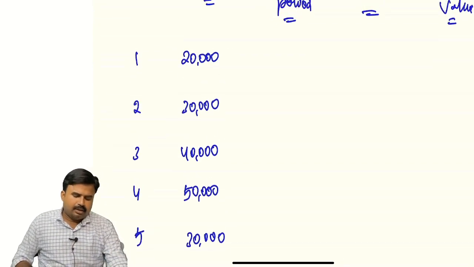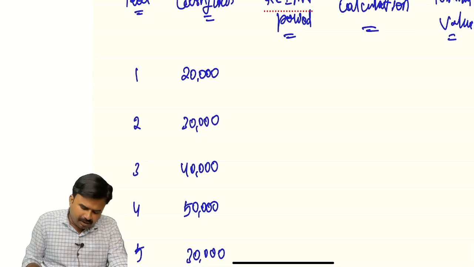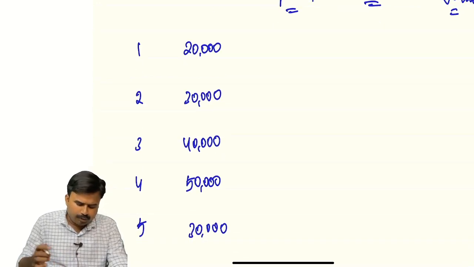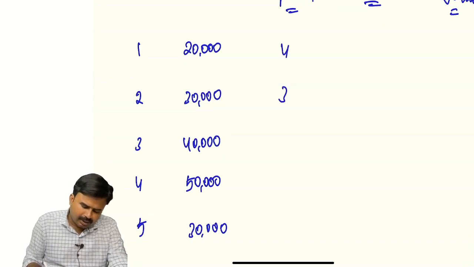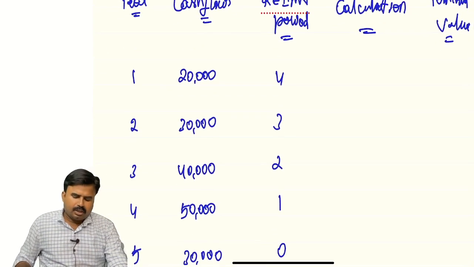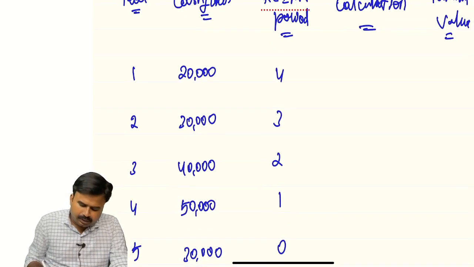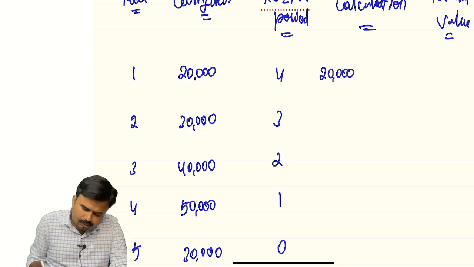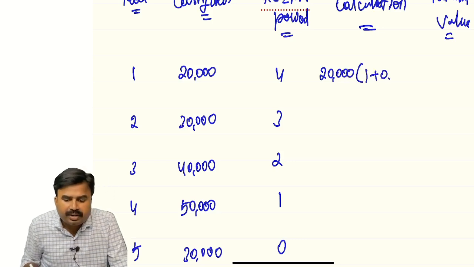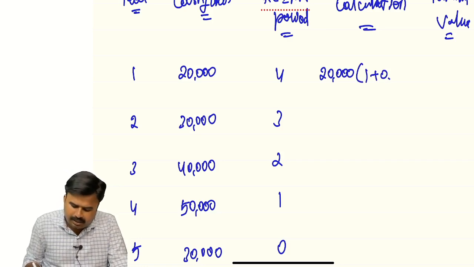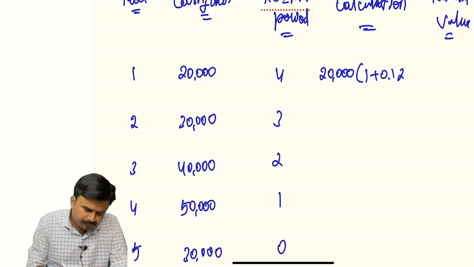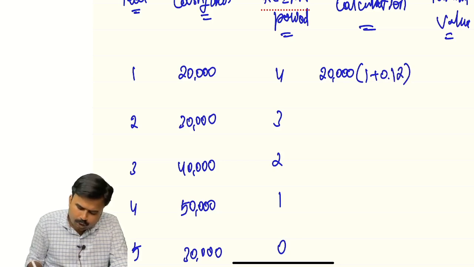First year ending inflow can be reinvested for 4 years because second, third, fourth and fifth. 4 years, 3 years, 2 years, 1 year and 0 years. Cost of capital should be your reinvestment rate. So 20,000 into 1 plus 0.12, the cost of capital rate is 12%, whole to the power of 4.